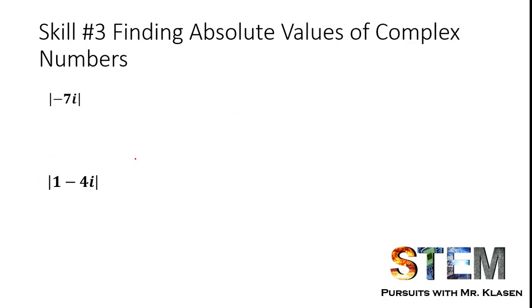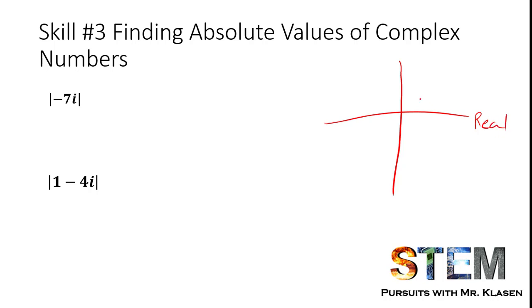Now, finding absolute values of complex numbers. And this might seem like the most arbitrary idea, but one of the things that I want you to keep in mind is that whenever we're looking at a complex number, you always have two components.